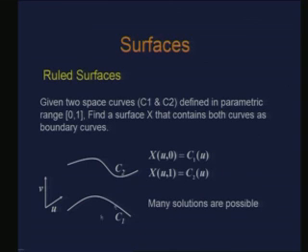These are the 2 curves given to you, these are space curves, and you want to construct a surface which has these 2 curves as the boundary curves. So, trace it point by point, start from the left extreme for both the curves, and keep moving along the curve.